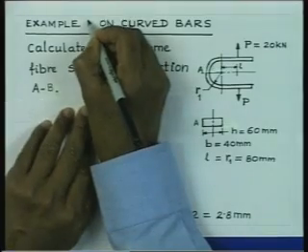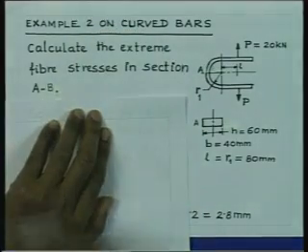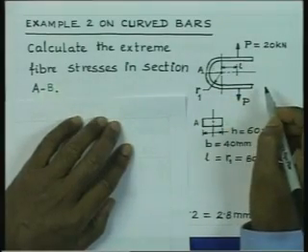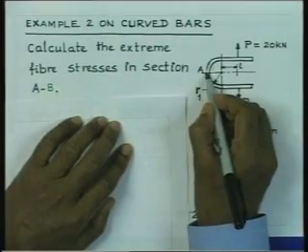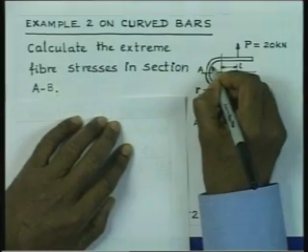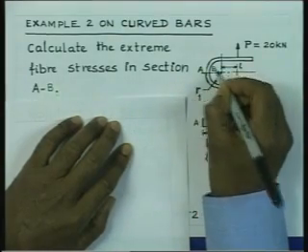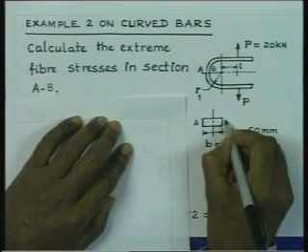Let us now consider one example which is given here. You have a frame like this, which at this location AB has a rectangular section.